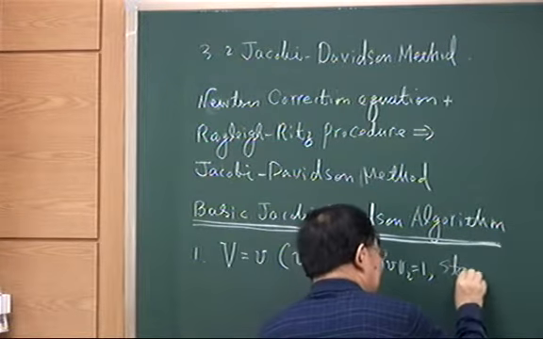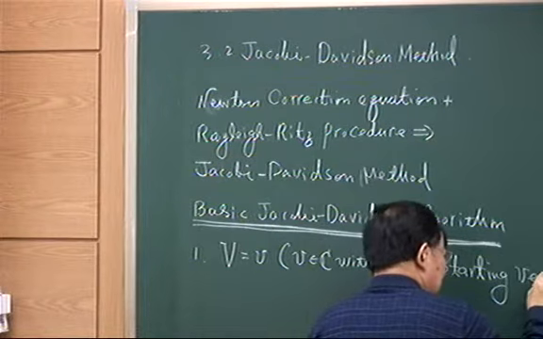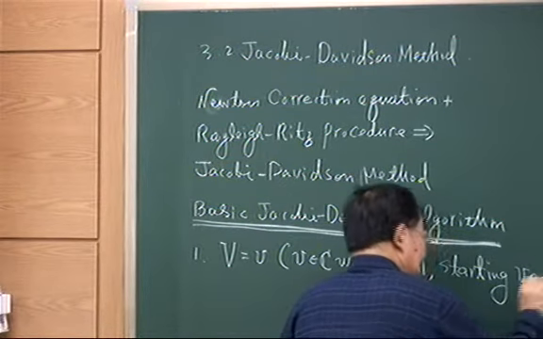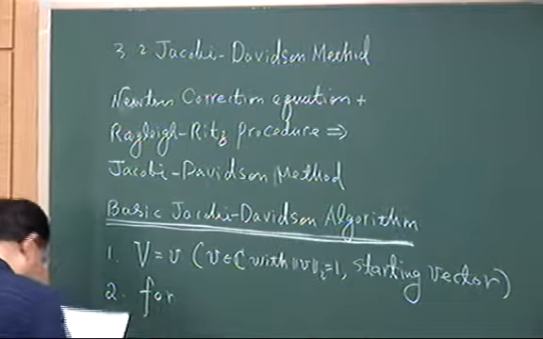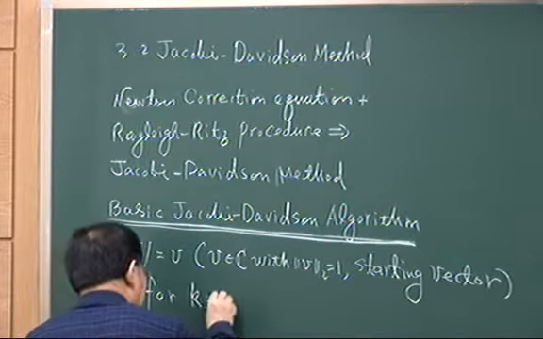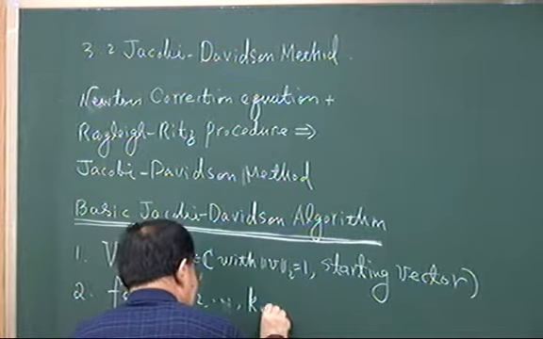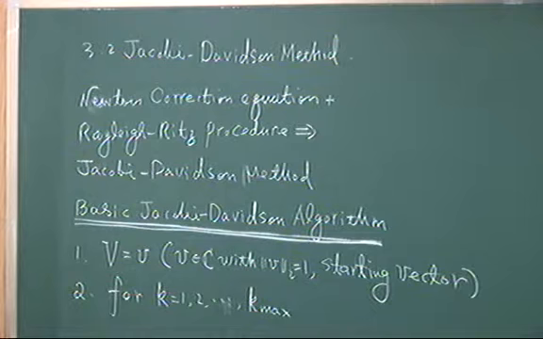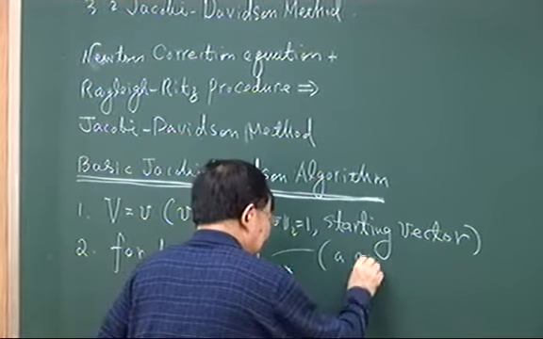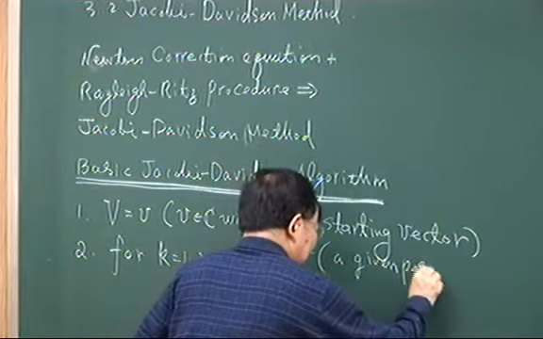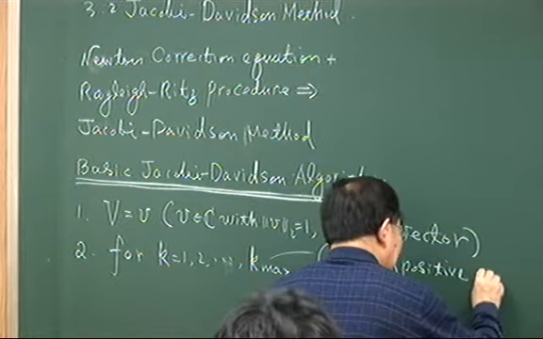This is just the start vector. Then for k from 1 to k max, which is a given positive integer.